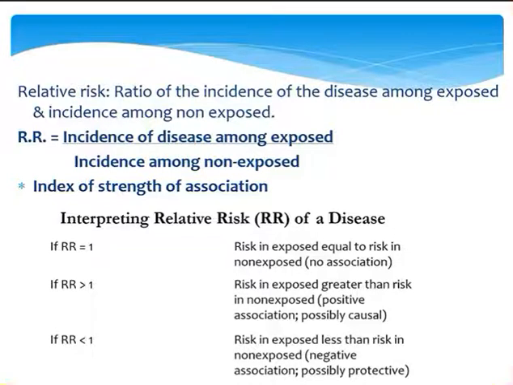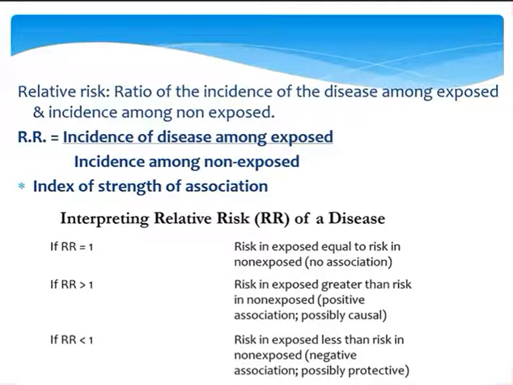Relative risk is one of the most important measures of risk. If you want to ask the question, if a person smokes cigarettes, what is the risk of developing lung cancer? That is answered by estimating the relative risk.